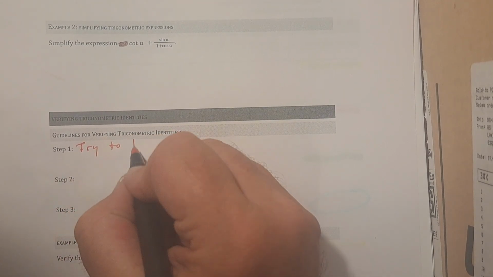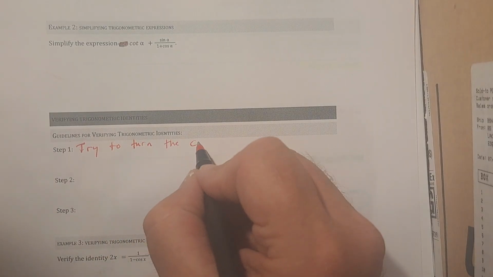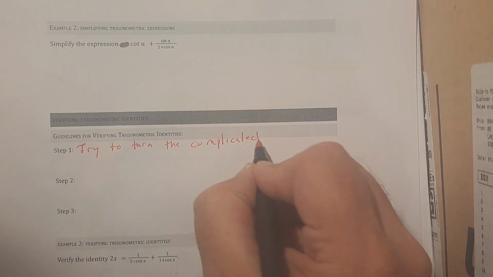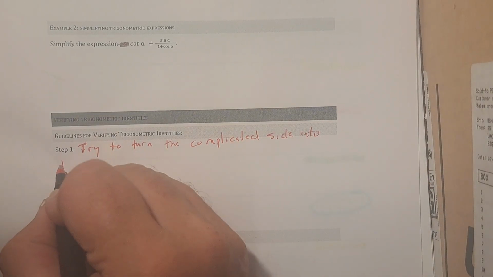So what you want to do first is try to turn the complicated side into the simpler side.